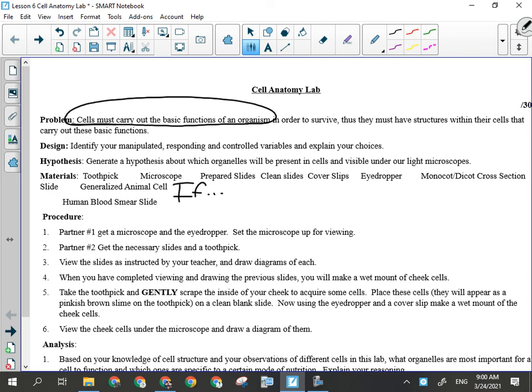If that's what cells do, okay, that's what we're working on here. Remember that we're trying to figure out what structures are needed for cells to carry out their basic functions. So the premise we're working on, that's what goes in the if part, is that cells do just that. They carry out the basic functions of the organism.